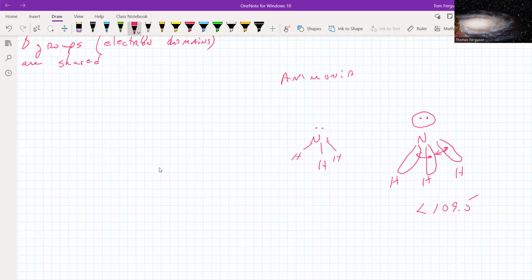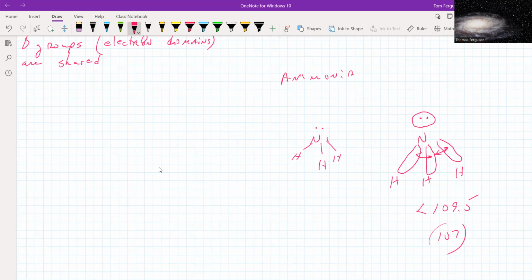Now, in the case of nitrogen, it happens to be 107. It really doesn't matter that you know it's 107. The important part of this is that it's less than 109.5 and why it's less than 109.5. The why part's really important, okay? So electron pair is closer than a normal NH here, and its influence, therefore, is greater on repulsing these electrons here, pushing them closer together.